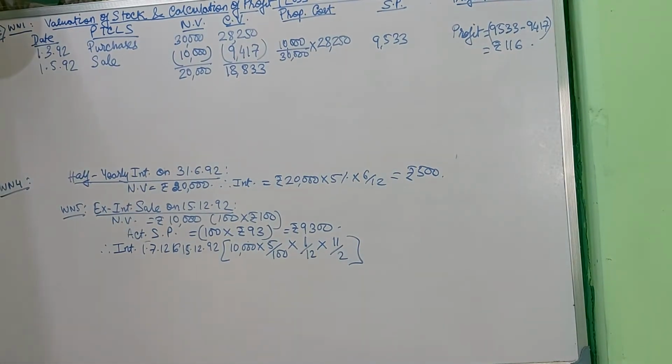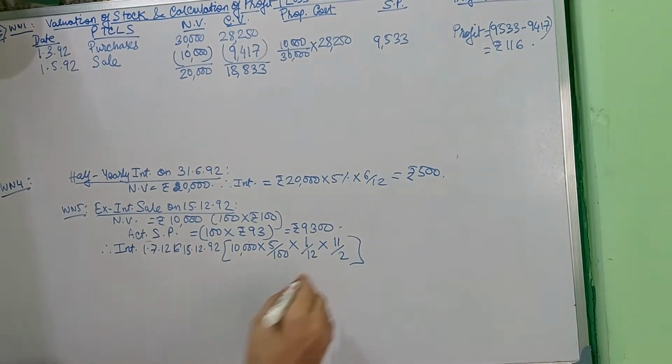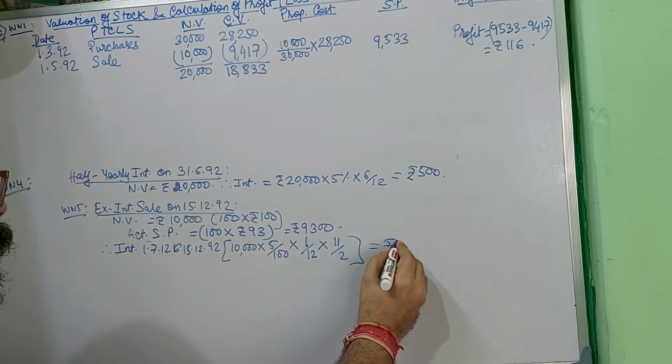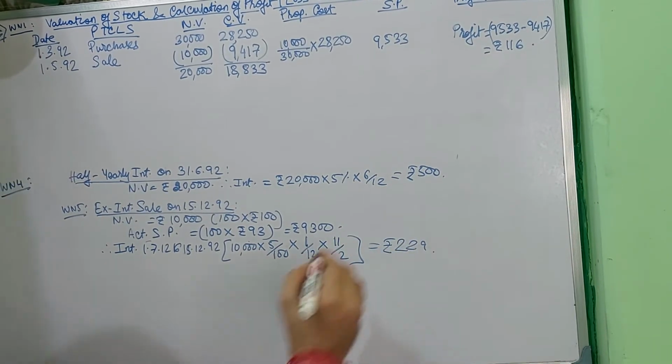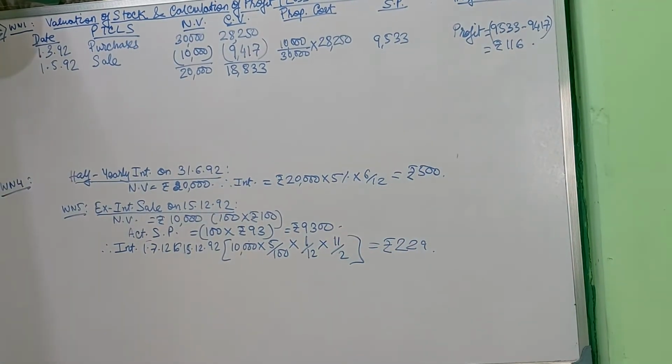It's a bit complicated. So interest is coming to 229.